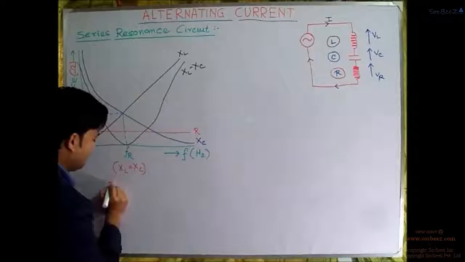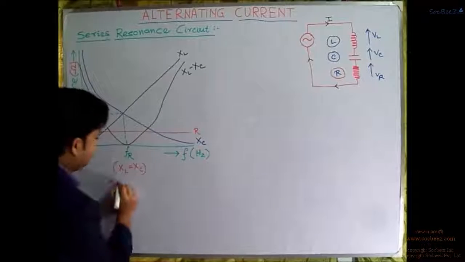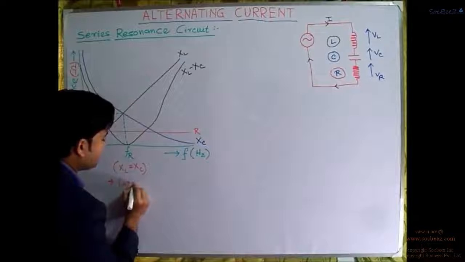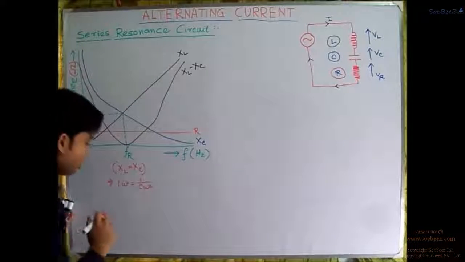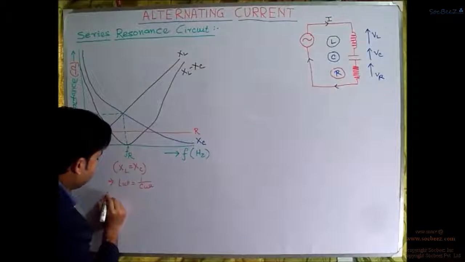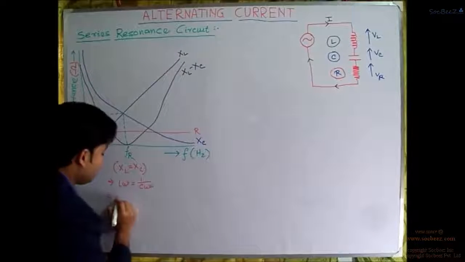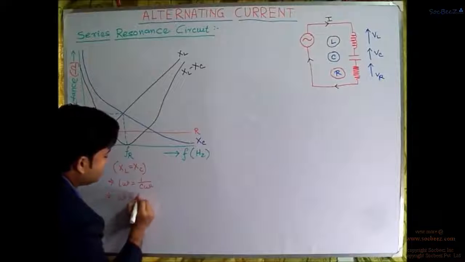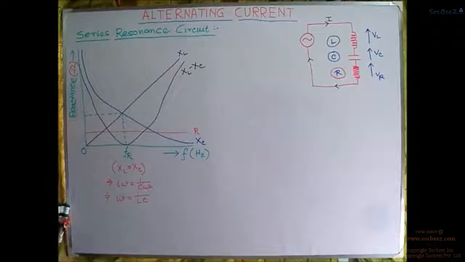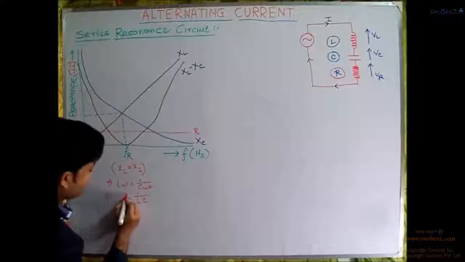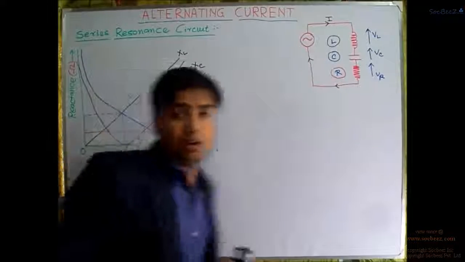which means at this particular point we could say that L omega is equal to 1 divided by C omega, which means that we can state it as omega square is equal to 1 divided by LC. And what is the value of omega?